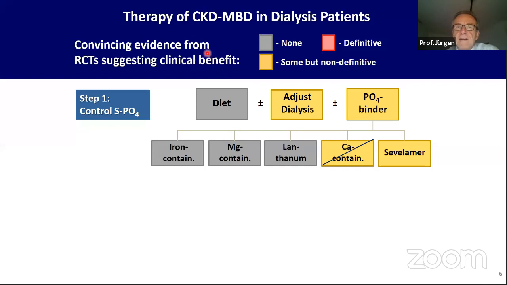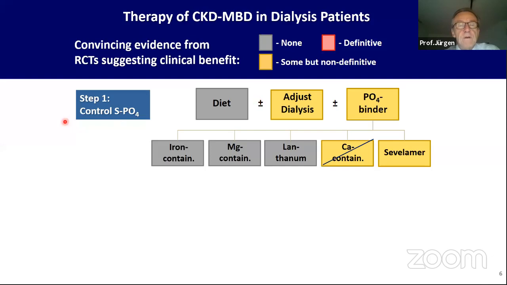And I've roughly grouped the evidence as none, the gray boxes. We would love to have many red boxes. We have definitive evidence that high phosphate is bad. And orange, we have some evidence, but it's not definitive.